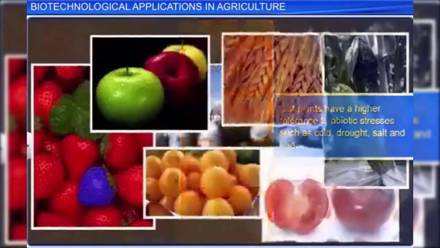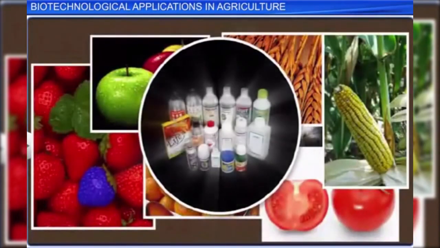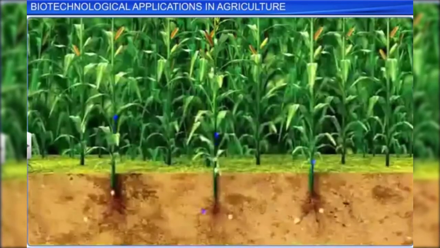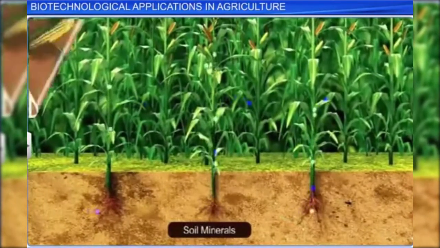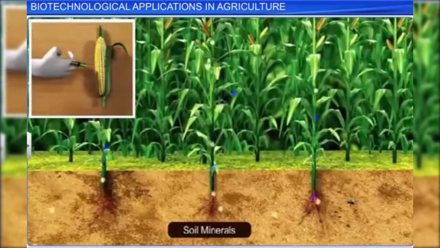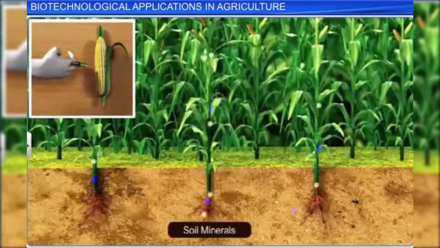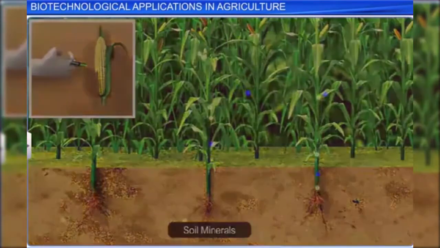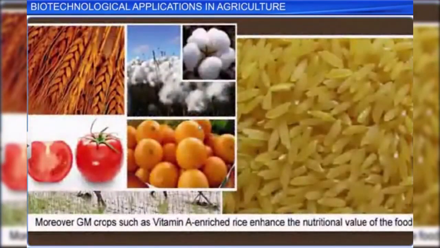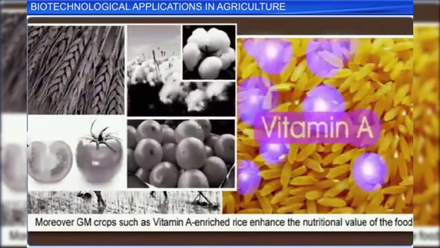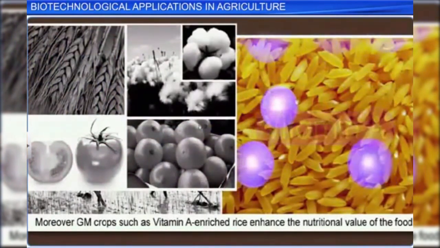And they also help reduce the use of chemical pesticides, as many of them are pest resistant. In addition, GM plants increase the efficiency of mineral usage and thereby prevent early exhaustion of soil fertility. Moreover, GM crops such as vitamin A-enriched rice enhance the nutritional value of food.